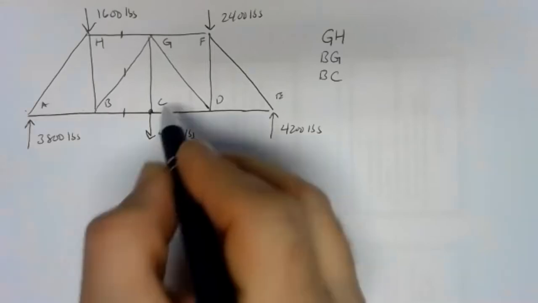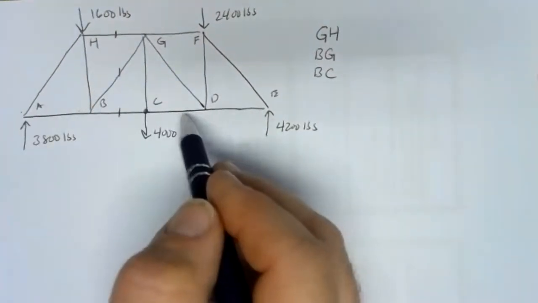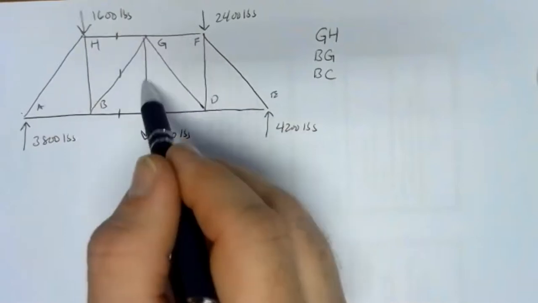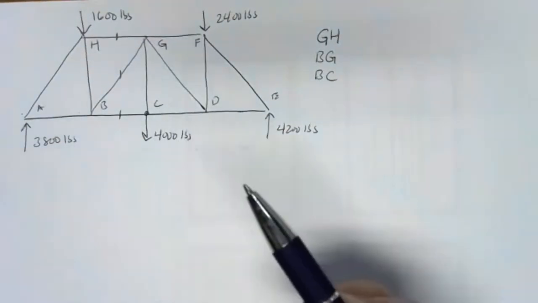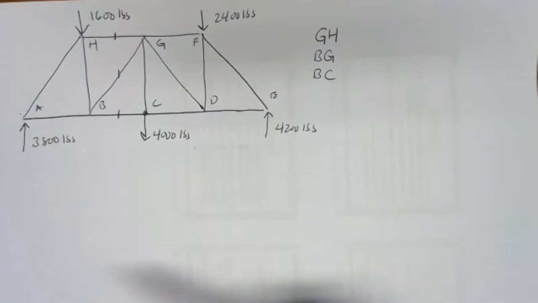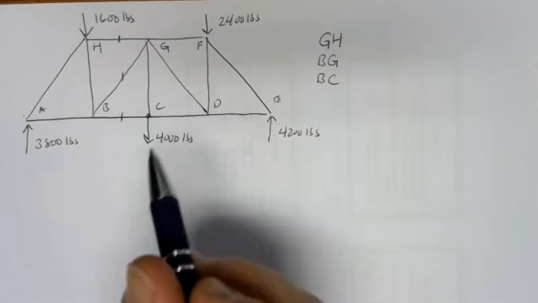Like, for example, if I wanted CD in here, if I tried to cut through there, I would be cutting through BG and GH. I'd also be cutting through CG to get to CD. But here I've got a nice straight shot through the three members that we're interested in.